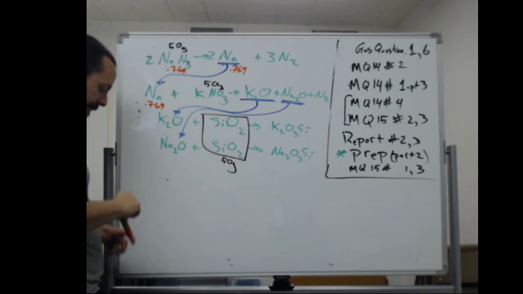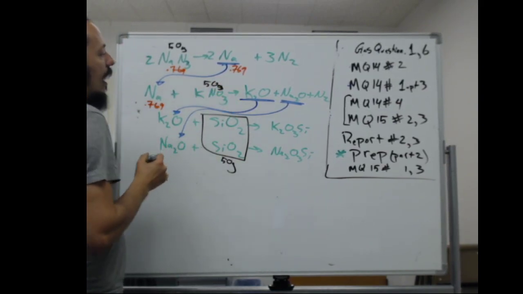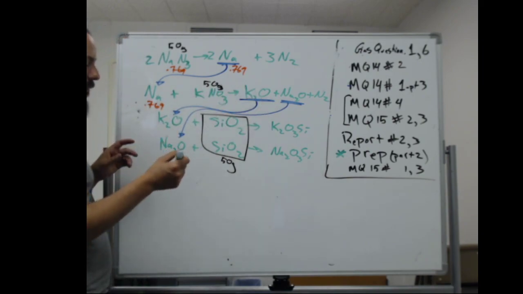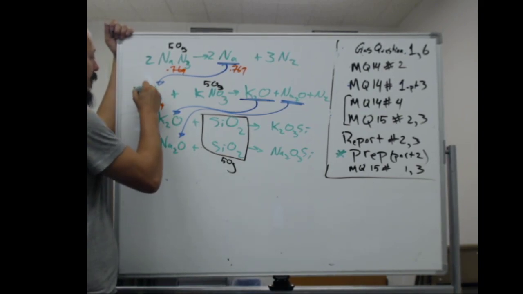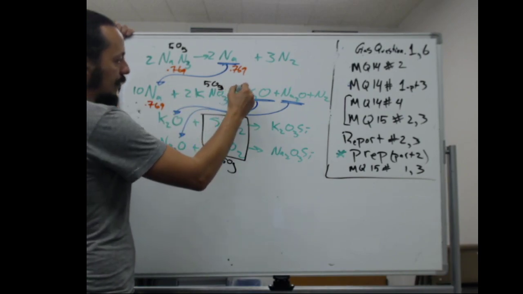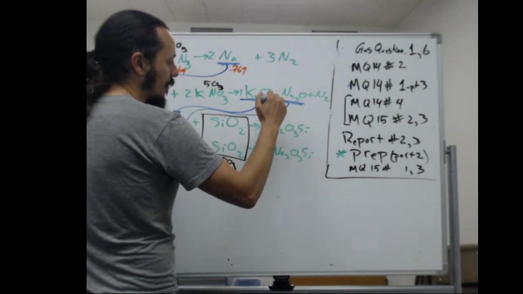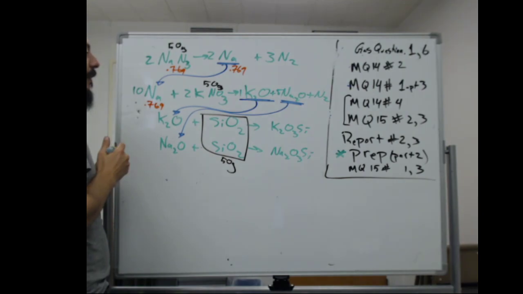I put 50 grams of KNO3 instead of 50 grams. What were your balancing coefficients for this second reaction? 10 Na, 2 KNO3, 1 K2O, 5 Na2O, and 1 N2. That looks good. That's what I was expecting.